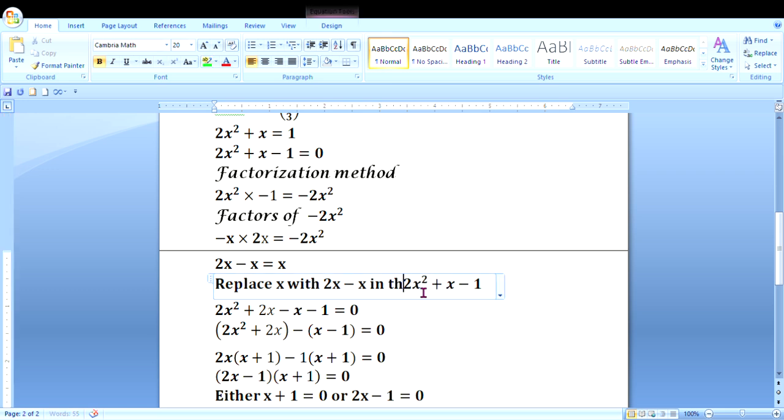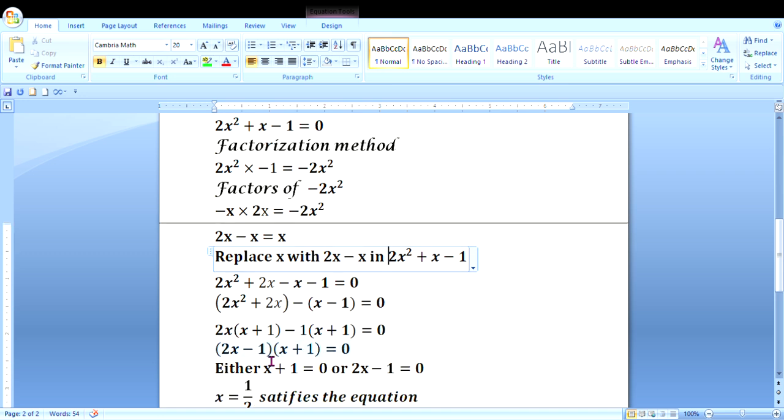So we replace x with 2x minus x in 2x squared plus x minus 1, so that the expression becomes 2x squared plus 2x minus x minus 1 equals 0. And here, if we group them, this becomes 2x open bracket x plus 1 close bracket, open bracket minus 1 close bracket equals 0. If we factorize, this becomes 2x minus 1 into x plus 1 is equal to 0.